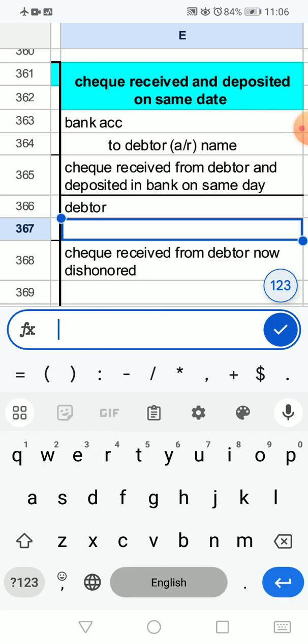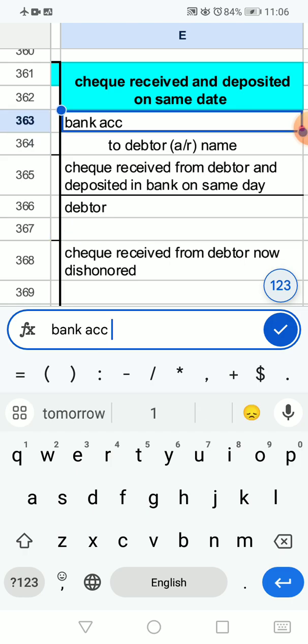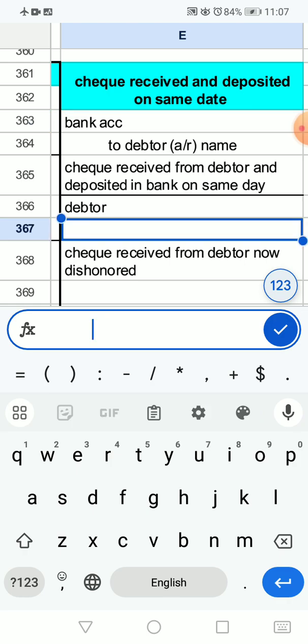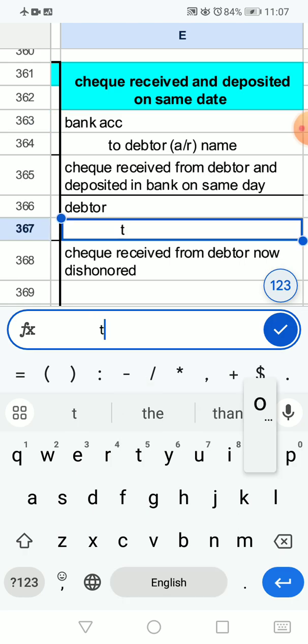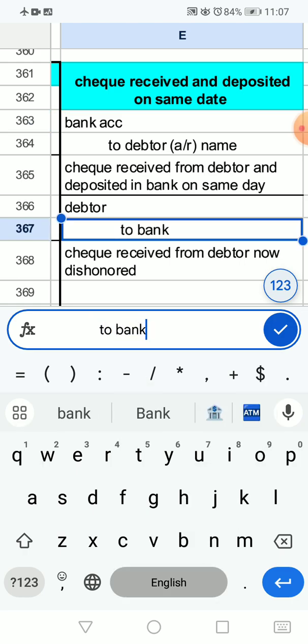And since at first stage you said that you have deposited your check in your bank account, it means your bank account as an asset has been increased, but the check was fake, date was wrong, check physical shape was wrong, amount was not written accurate, signature was wrong, whatever the reason is. If check has been dishonored, it means your bank account has not been increased. You will cancel this effect. To cancel this effect, you will credit your bank account.